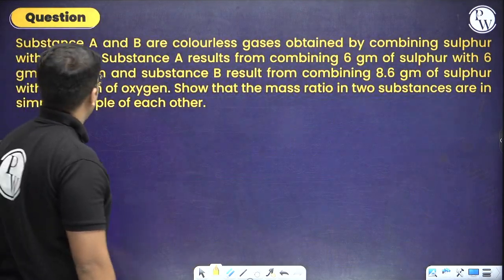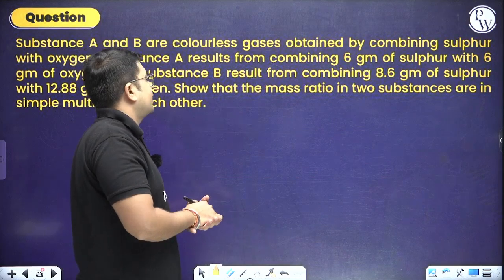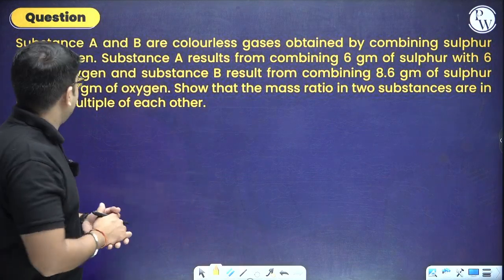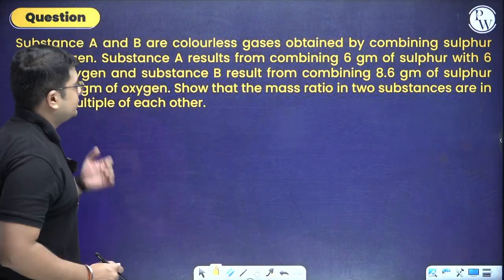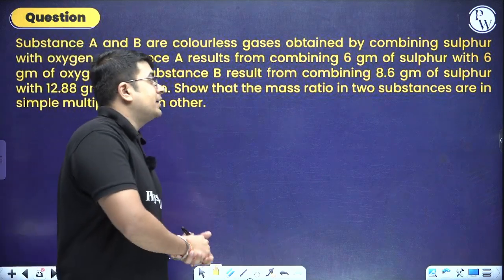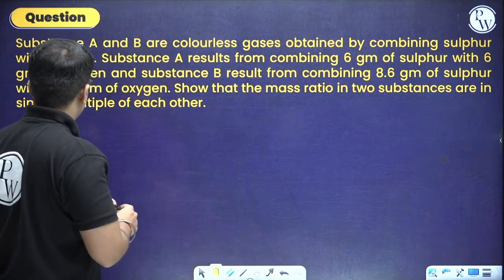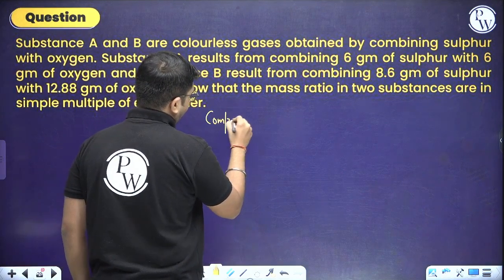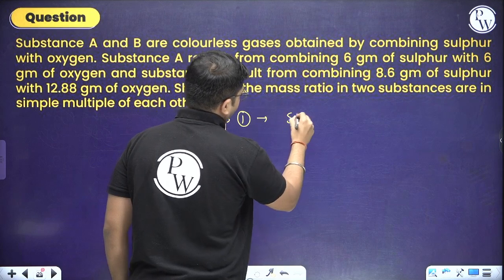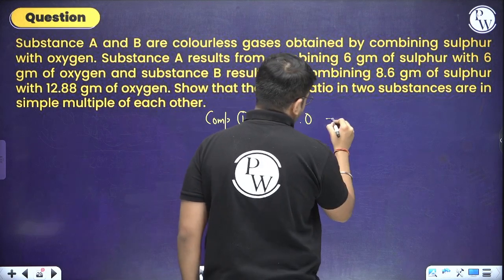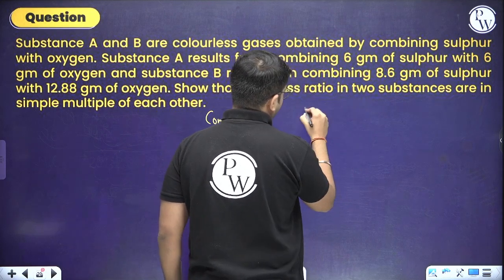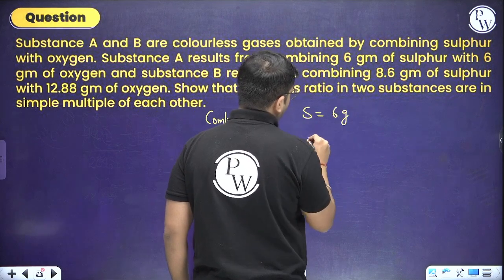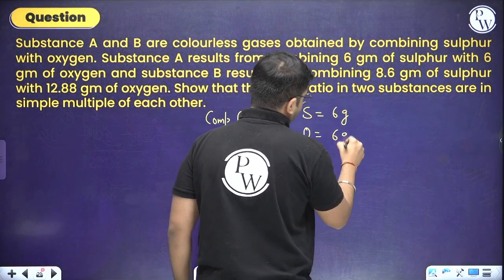Okay. Now the question says substance A and B are colorless gases obtained by combining sulfur with oxygen. Substance A results from combining 6 gram of sulfur with 6 gram of oxygen. So in compound 1, sulfur amount is 6 gram, oxygen amount is again 6 gram.